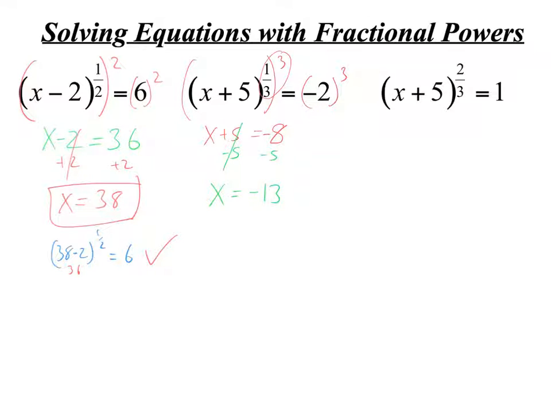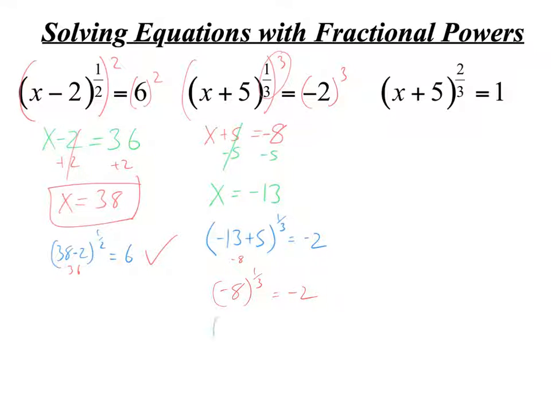But now we got to double check if that makes sense. So I have negative 13 plus 5 to the 1/3 equals negative 2. I just plugged it back in the original, put negative 13 there. What's negative 13 plus 5? Isn't that negative 8? So does negative 8 to the 1/3 give you negative 2?